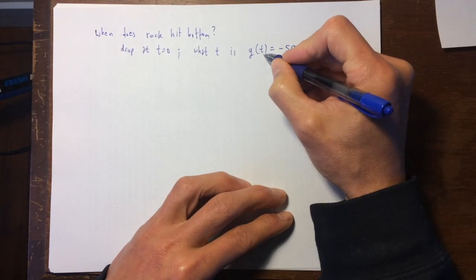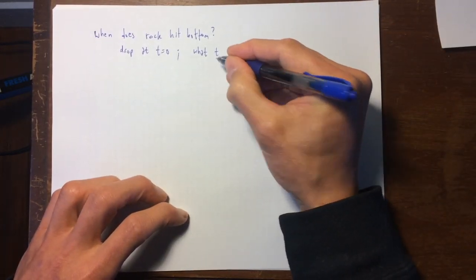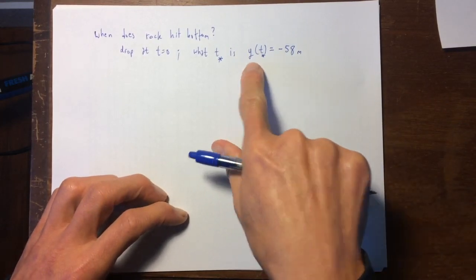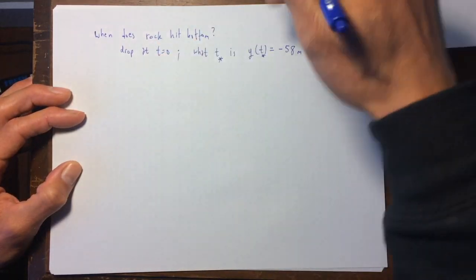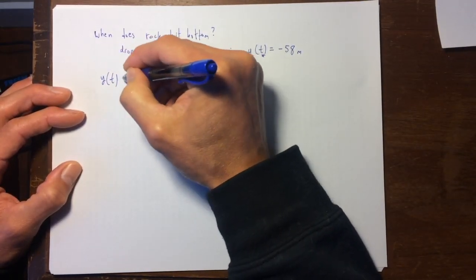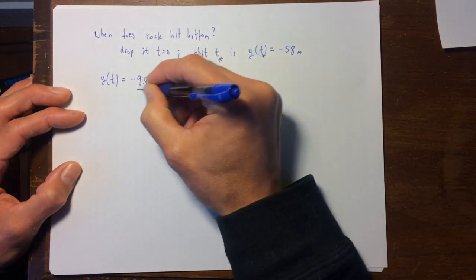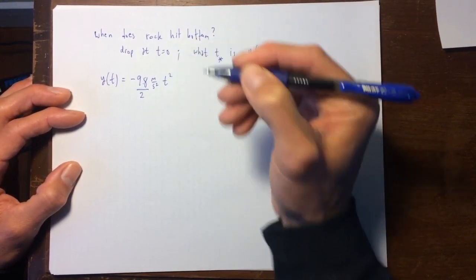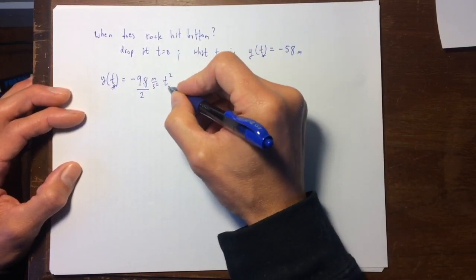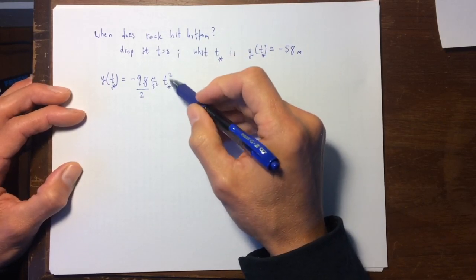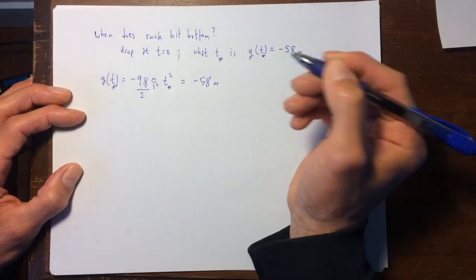And this t is special, so I'm going to label it t star. At what t star is the position equal to negative 58 meters? So I've got y of t equals negative 9.8 meters per second squared over 2 times t squared. And then y of t star is, everything's the same except t is special now, and it has the value of negative 58 meters.